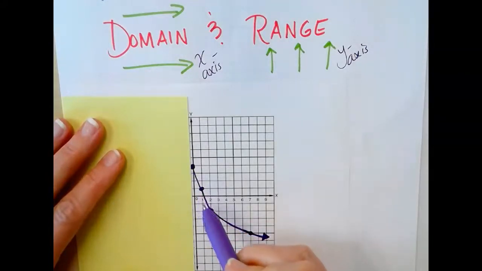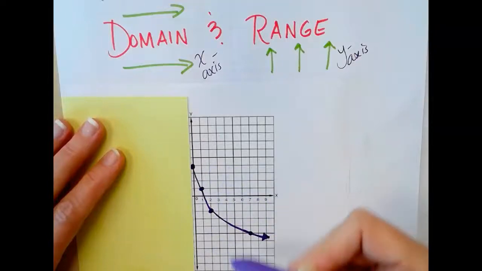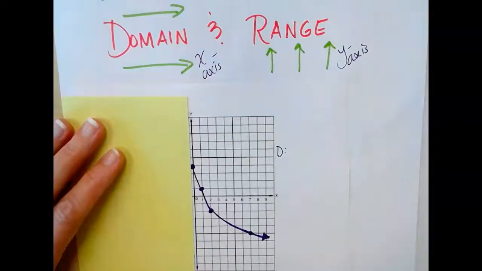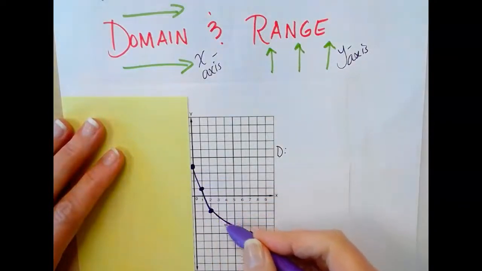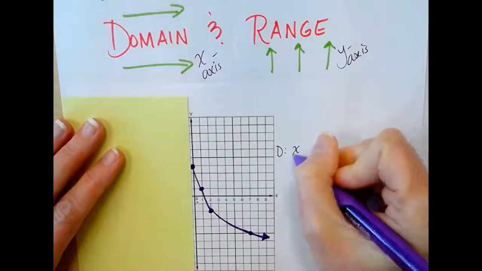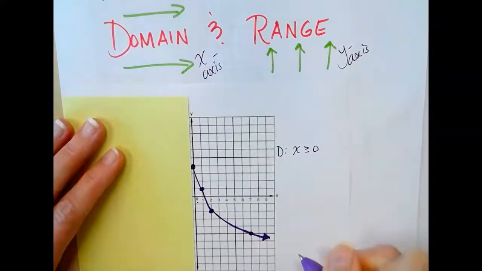But then it goes to the right, and to the right, and to the right, and it never stops. That arrow is indicating that it does not stop. There is no pattern or regularity within this graph. It's just a smooth curve descending and going to the right. So we have a domain that is all real numbers greater than 0. So our x values are greater than or equal to 0.